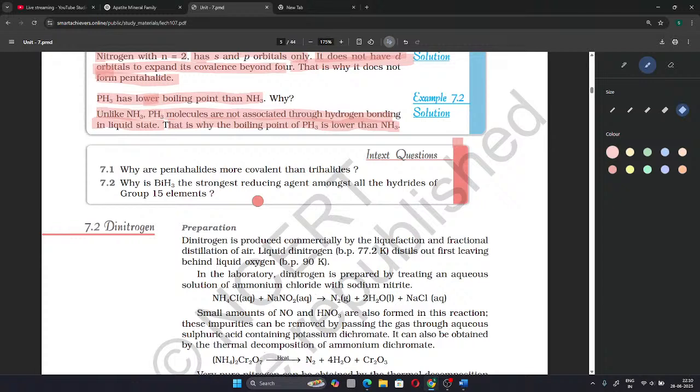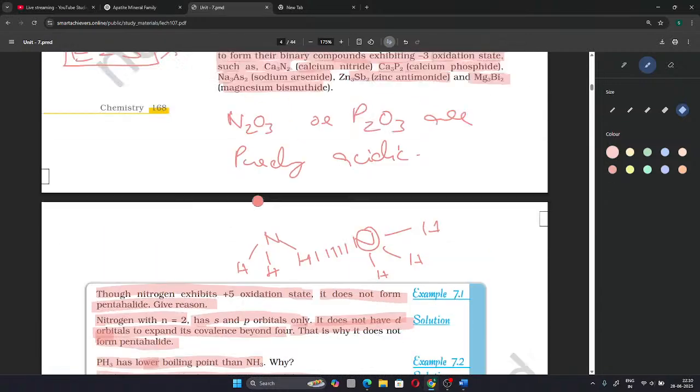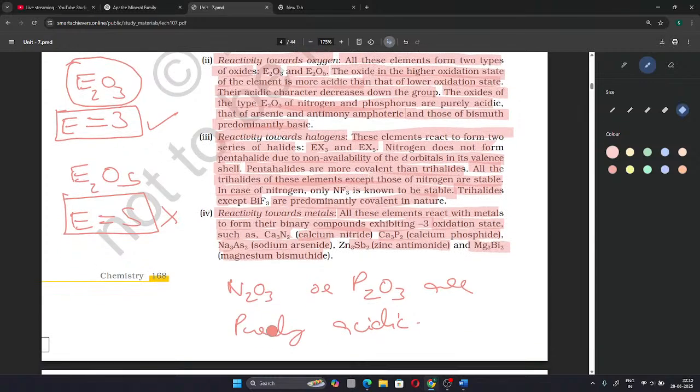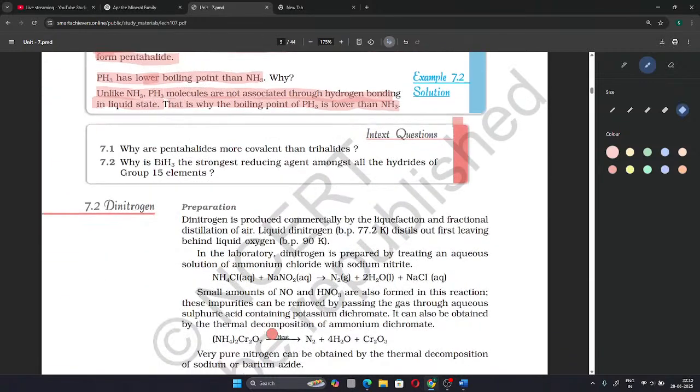Then they are asking why pentahalides are more covalent than trihalides.